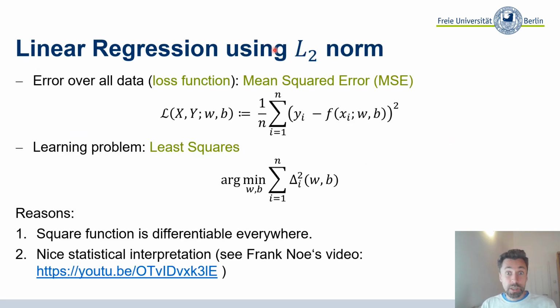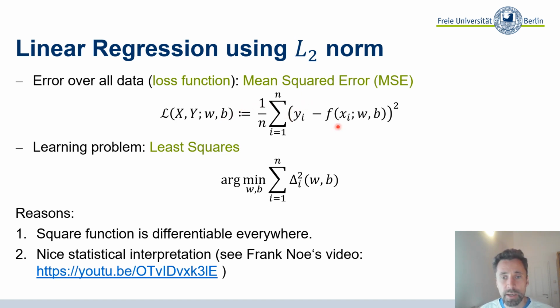Okay, so as I said, we will use the L2 norm, and our objective is our loss objective here. So this is the word that we will use in the following. The loss is a function that is depending on the data that we have given and also the parameters of the model.